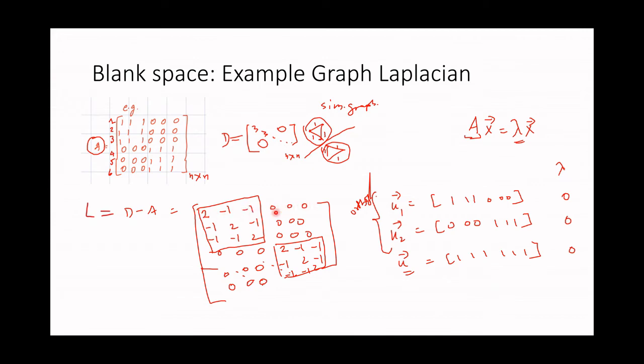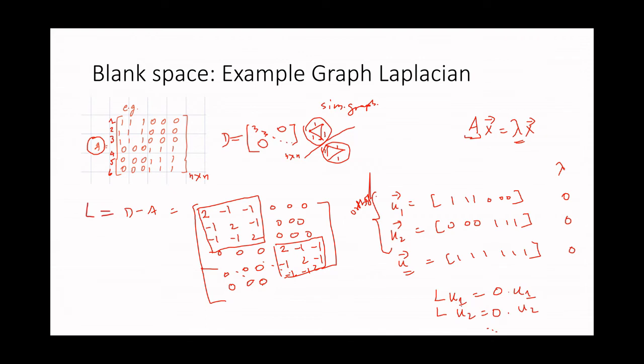The 0, 0, 0 doesn't matter because those are all zeros. So L U1 will be 0. L into U1 vector would be 0 into U1 vector, and L into U2 will be similarly 0 into U2, and so on.